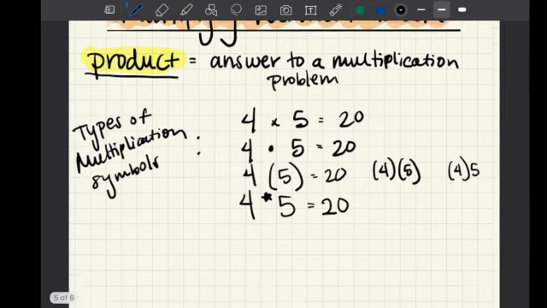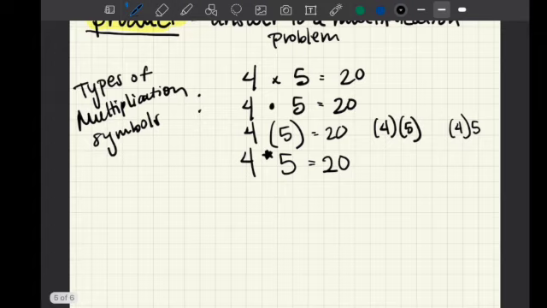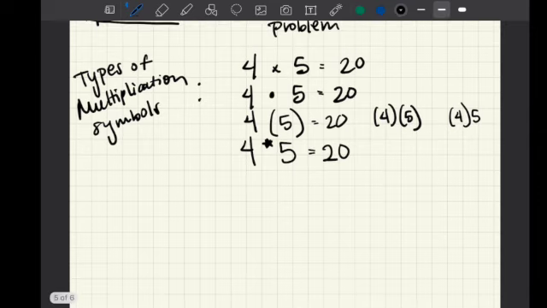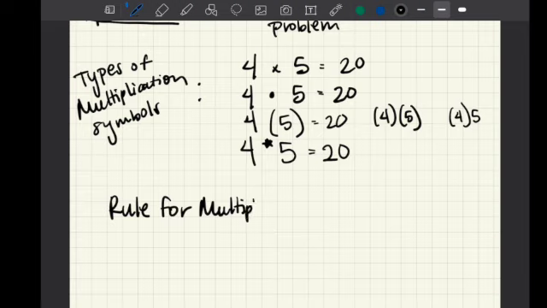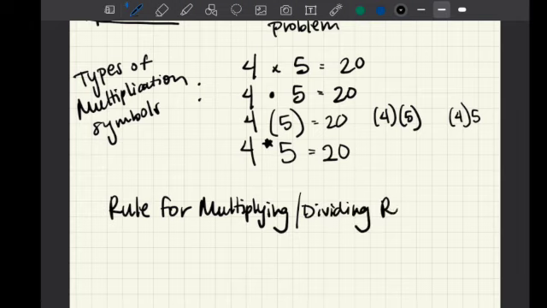Okay, and now we're going to talk about the rule for multiplying or dividing rational numbers, because they're actually the same.